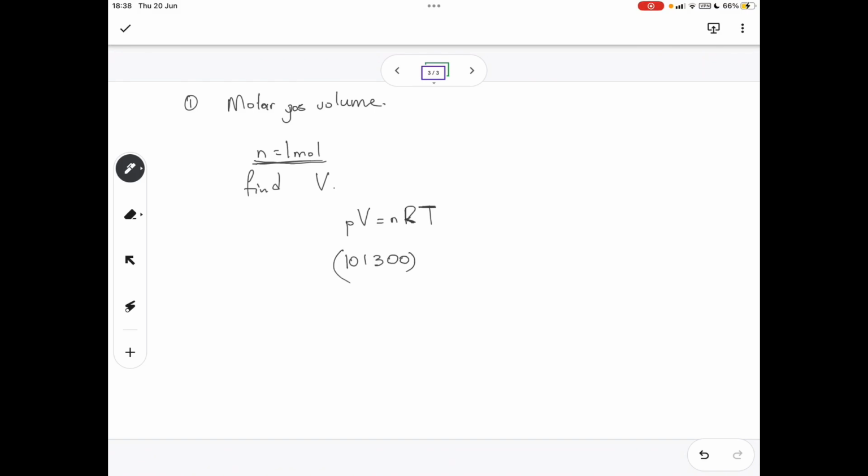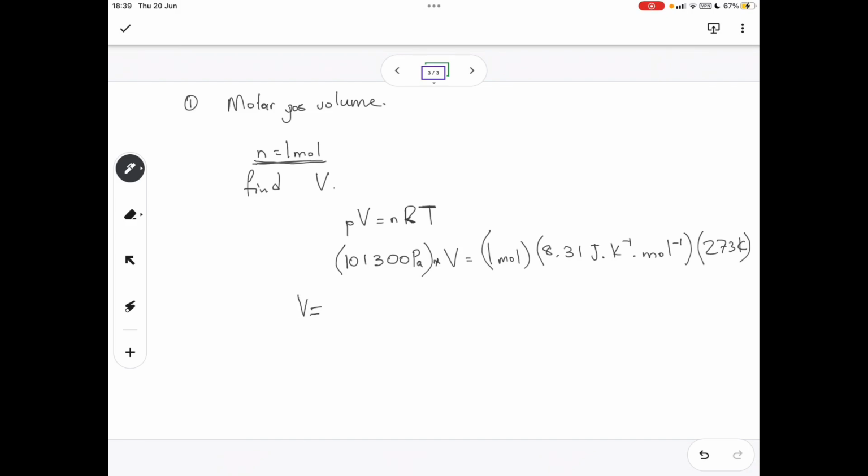So 101,300 Pascal times the volume, the number of moles, which is 1, the gas constant, 8.31 J/(K·mole), and the temperature is 273 Kelvin.